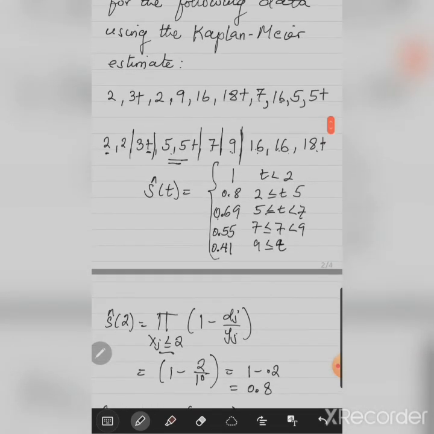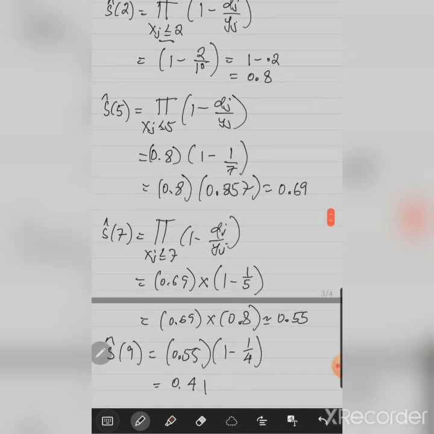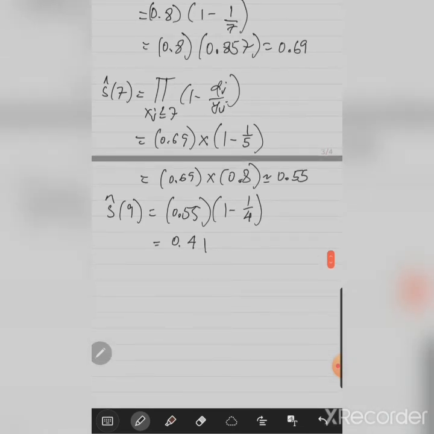So we have two events which are occurring at 16. So we get S cap 16 is nothing but 0.41 times 1 minus 2, because there are two events that are occurring at 16 and the remaining time is 3.